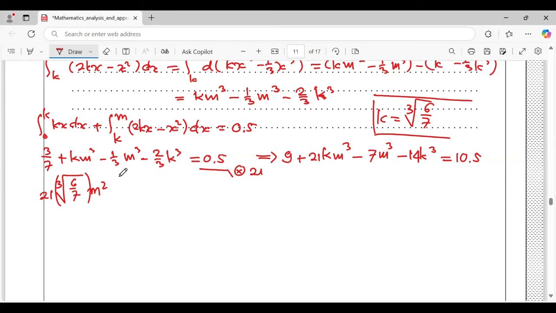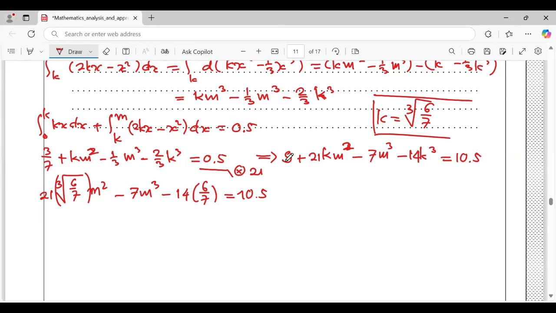Wait, I have to check. This is not cube, this is squared. So this is squared. That's why this is m squared. Minus 7m cubed, minus 14 k cubed, which is 6 over 7, equals 10.5.